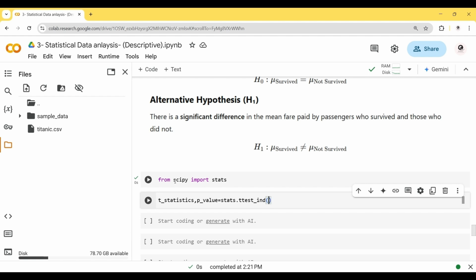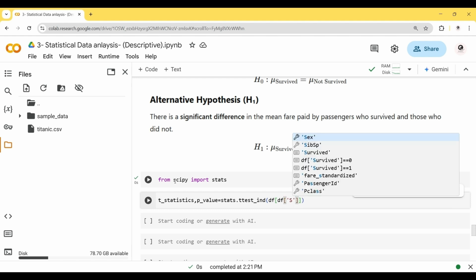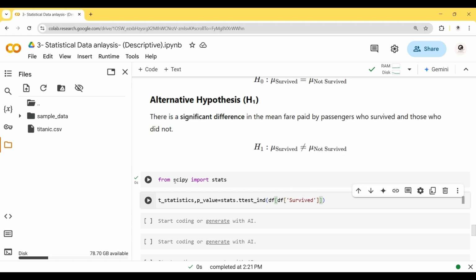Then here I am going to specify the fare of the passengers who survived. So I am going to write df survived equal to 1 fare.